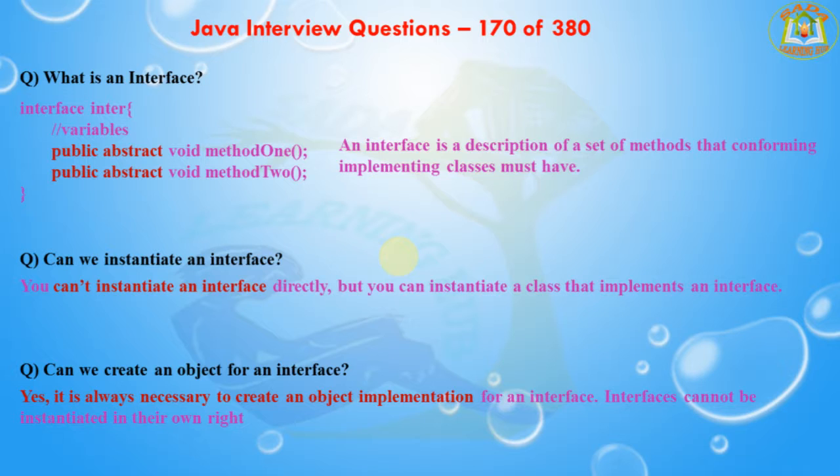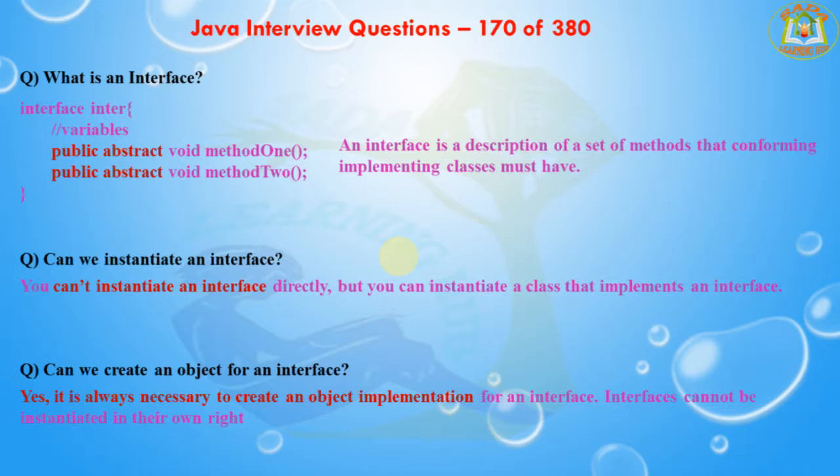The next question is, can we instantiate an interface? You can't instantiate an interface directly, but you can instantiate a class that implements an interface. It's not possible to instantiate an interface. It's possible to instantiate the implementation class.